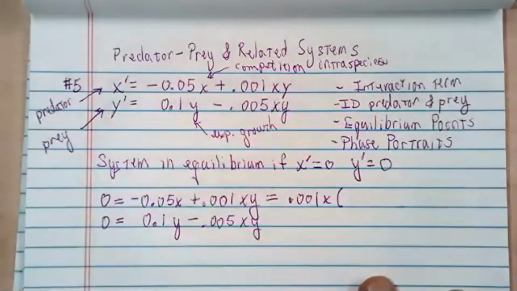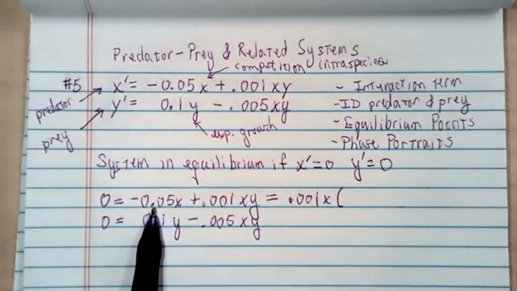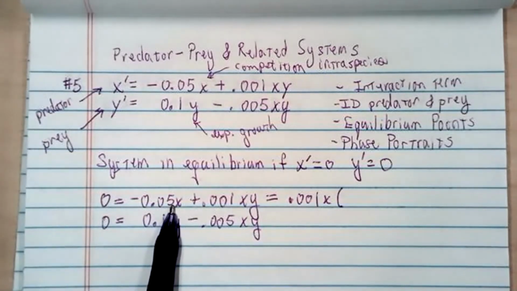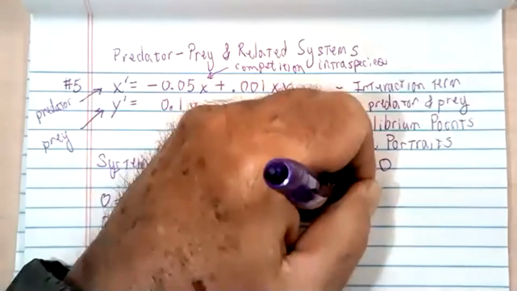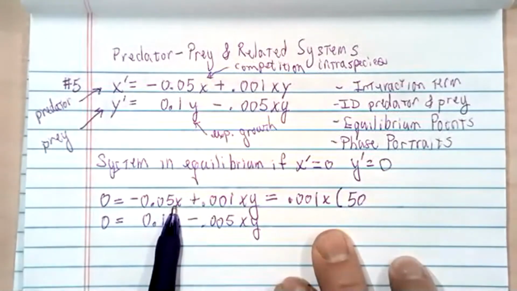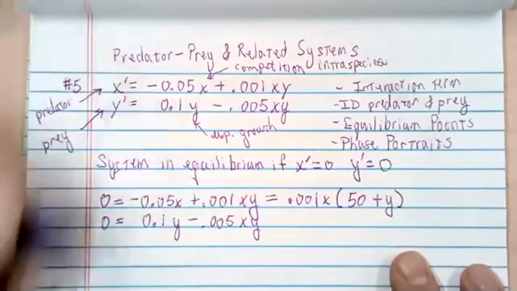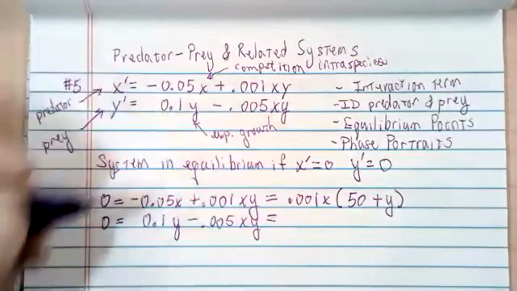And then if you multiply, the reciprocal of that is 1,000. So 1,000 times 0.05, well, you move the decimal point 3 places, 1, 2, 3, 50. But the X is gone, factor off, plus Y. And on the bottom one, same deal.